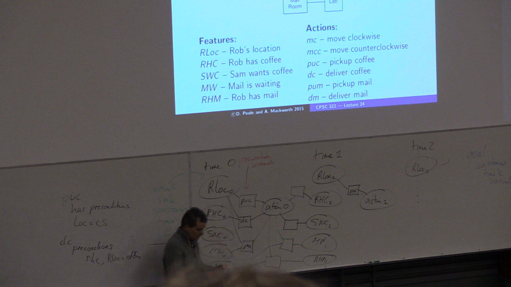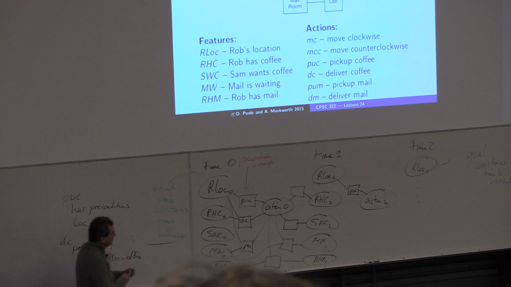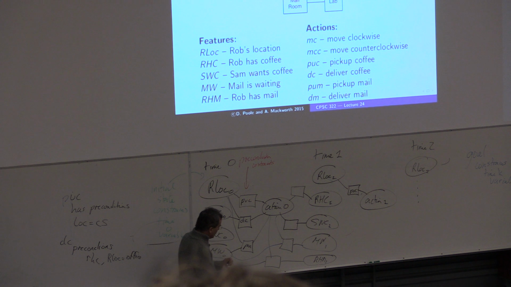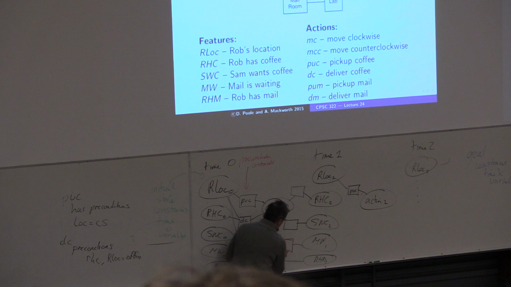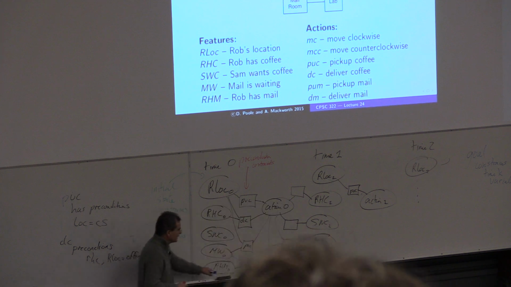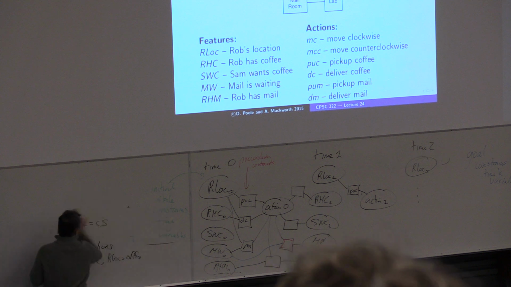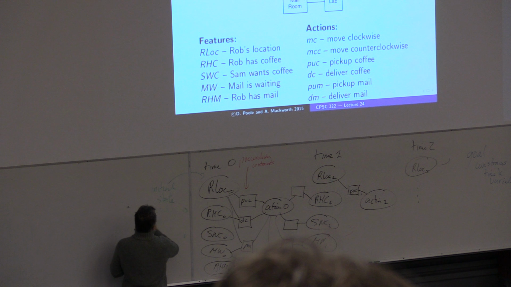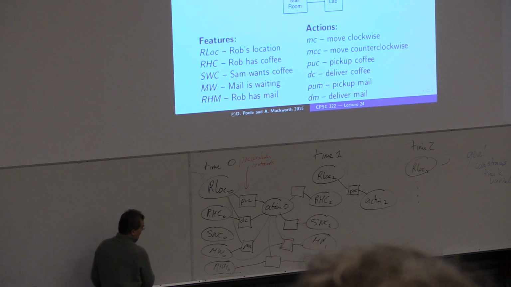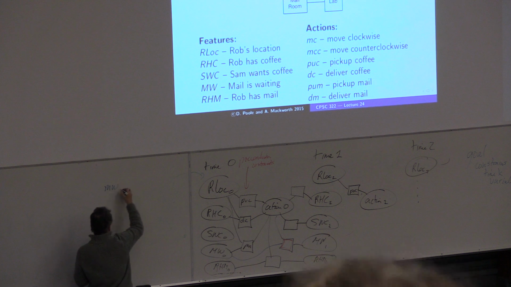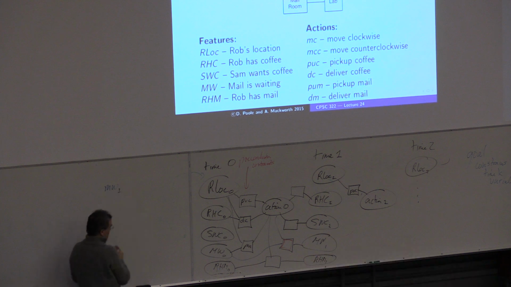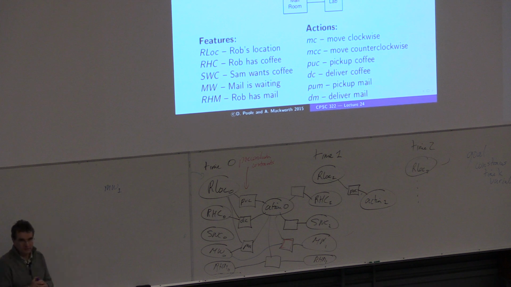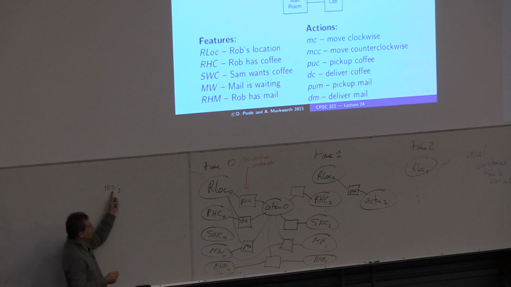Okay, so now let's look at one of these things. Let's look at this one. What does this constraint look like? Mail waiting at time 1. When is mail waiting at time 1 true?